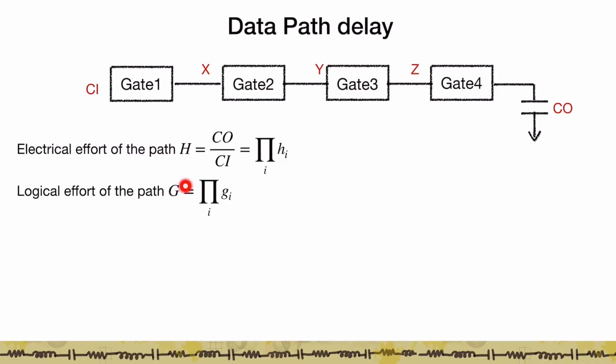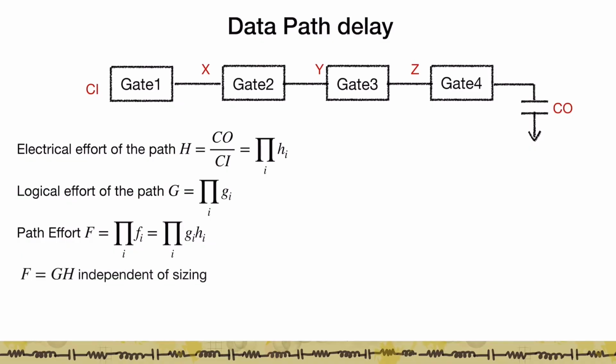Similarly, we'll call capital G the product of all the logical efforts in a given data path. And so the path effort is going to be given by the product of G and H for every gate, and the path effort for the entire path is just the product of the individual path efforts, which is nothing but the product of Gi Hi, or in this specific case, a product of G and H. I'd like to note that this H, the electrical effort of the path, is independent of sizing.